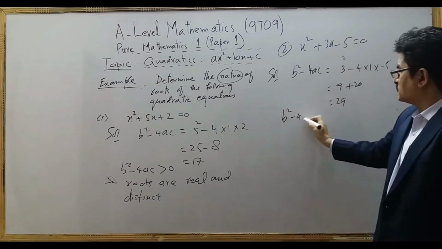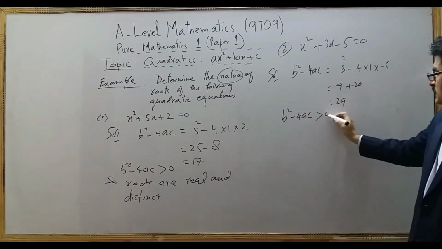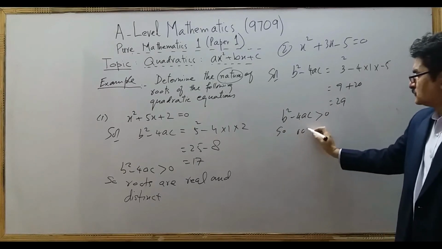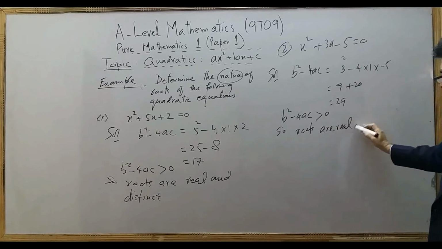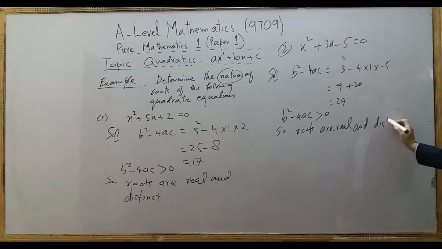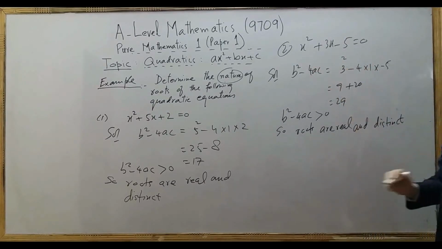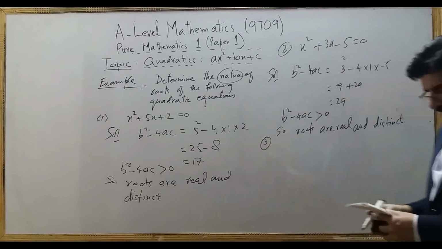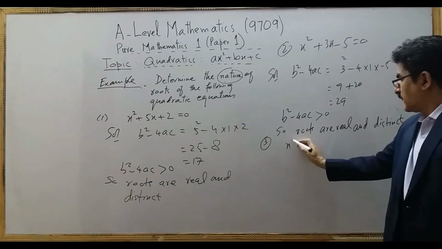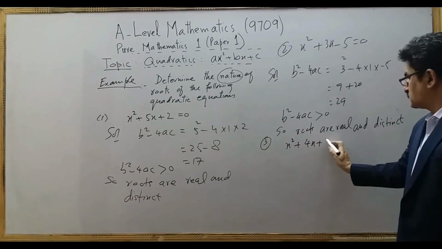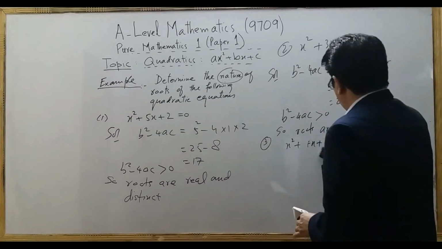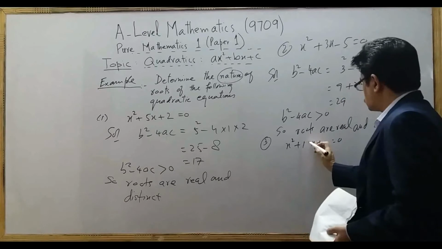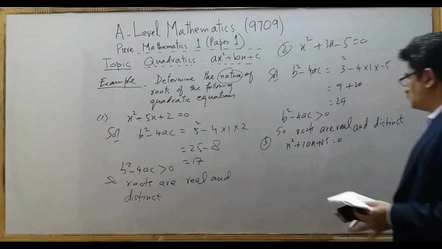Again b square minus 4ac is greater than 0, so the roots are real and distinct. Means two roots. If you solve this quadratic equation, you will get two roots. Then we have the third example, x square plus 4x plus 4 equal to 0. Or you change it, we can have, for example, 10x plus 25 equal to 0.